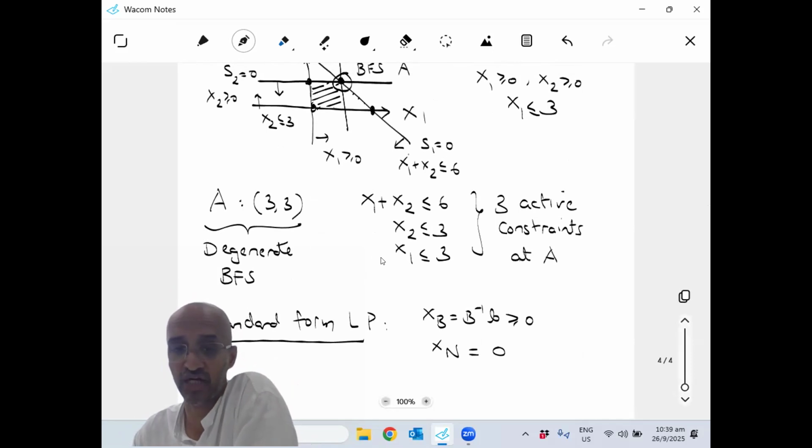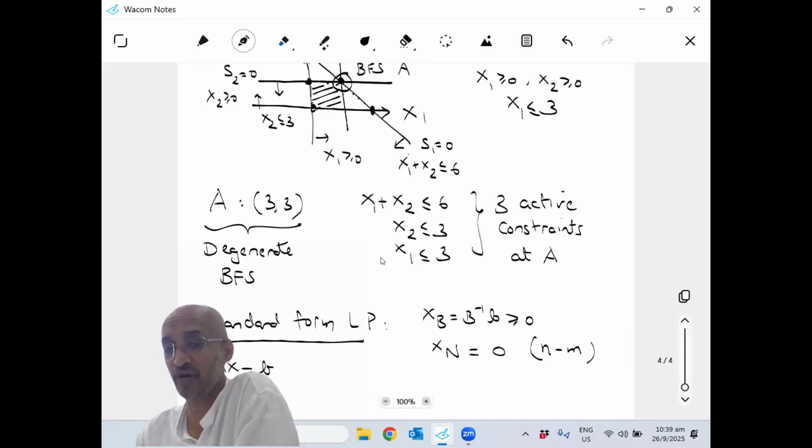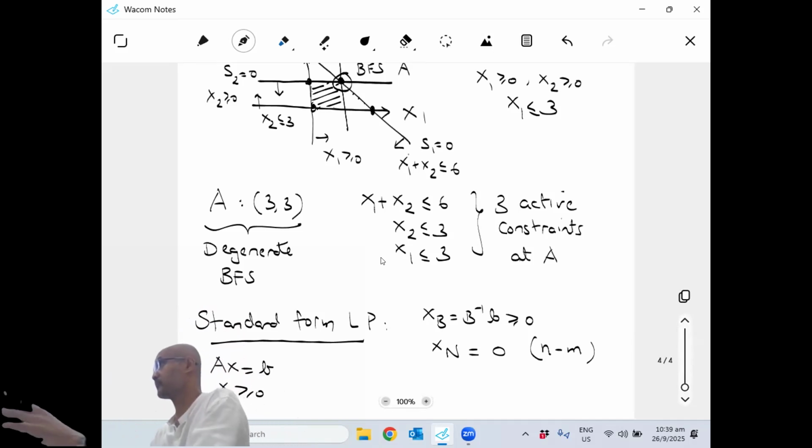And I've got conditions AX equal to b and X non-negative. I've got N minus M constraints which are active here, which are inequality constraints which became tight, and M constraints which were tight from the equality constraints. So I got a total of N active constraints at this point.